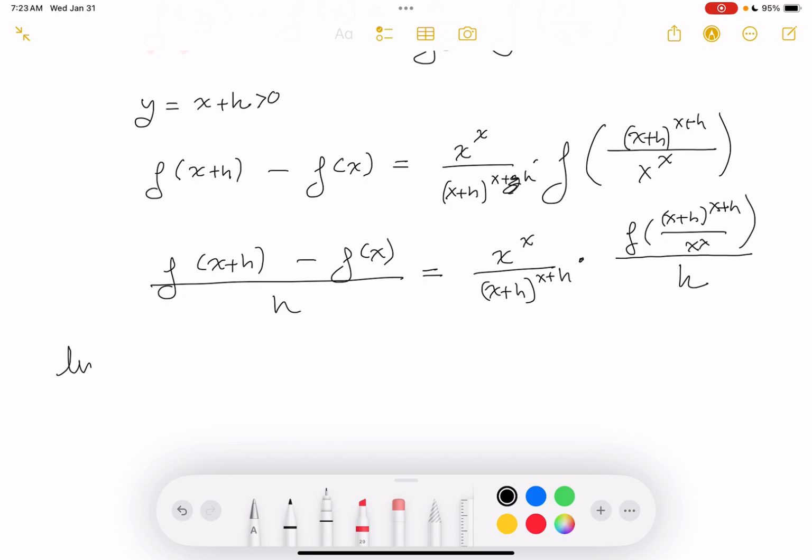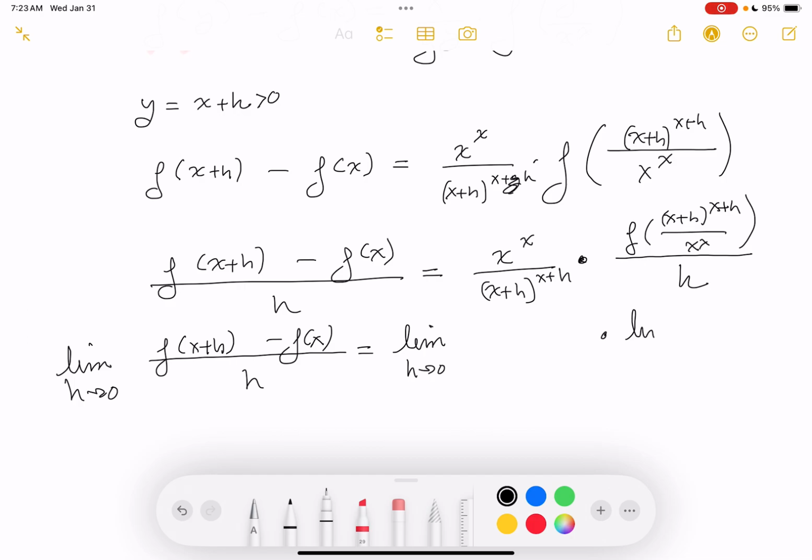The limit as h approaches 0. Yeah, I've got to write this over again, don't I? F of x plus h minus f of x over h equals the limit as h goes to 0. And you know, I've got a product here, and they say these things are differentiable, so let me not differentiate, but just take the limit of the product now, because these are nice functions, right?